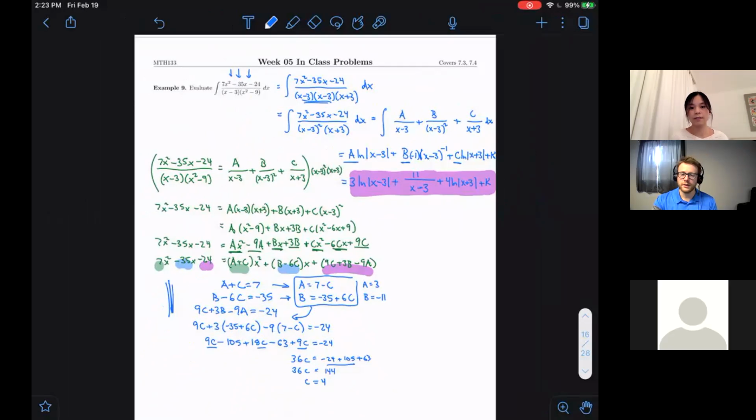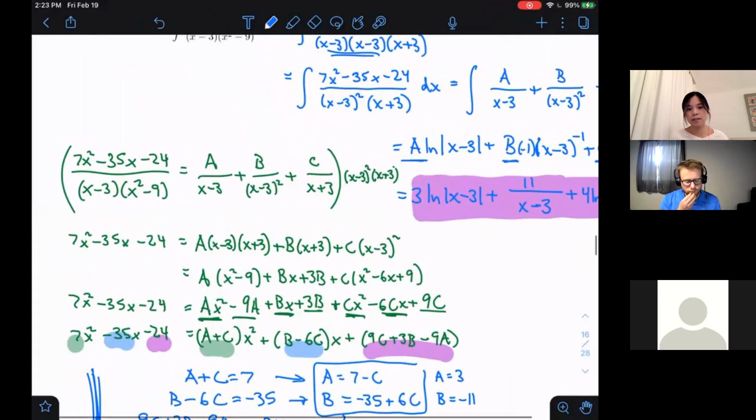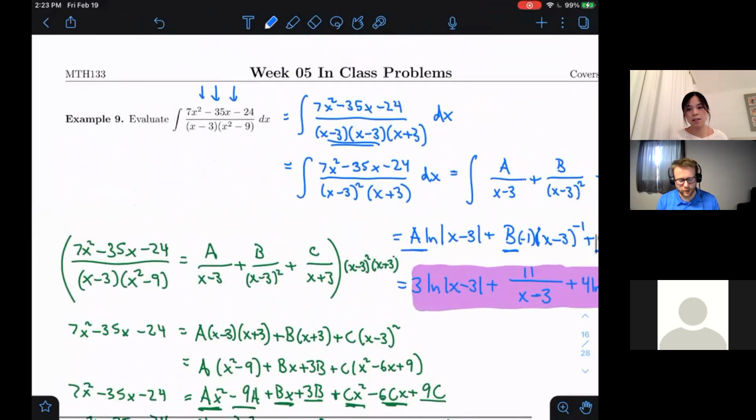For the very first step, when you multiply it by the LCD, you have on the left side x minus 3 times x squared minus 9. And then when you multiply by the LCD, you have x minus 3 squared times x plus 3. Okay. Well, we know that those are the same though, right? Yeah, okay. But that's a good point so that everyone else can follow along.